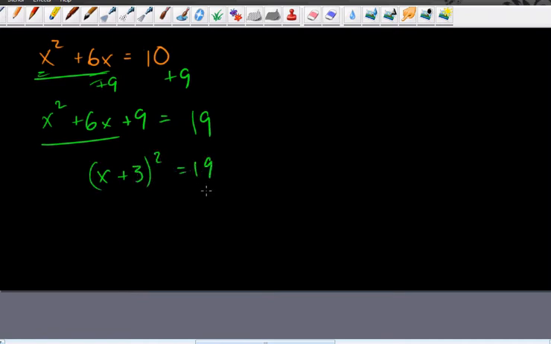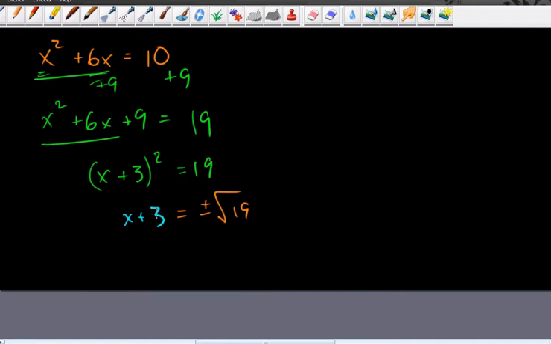Now on the left side, I can factor it to x plus 3 squared. From here, we take the square root of both sides, and we use the positive and the negative square root of 19.